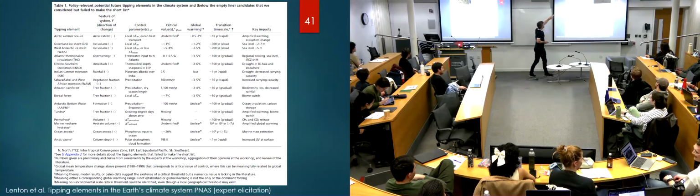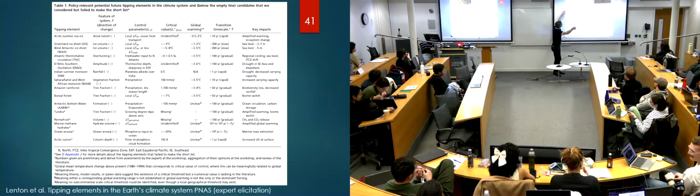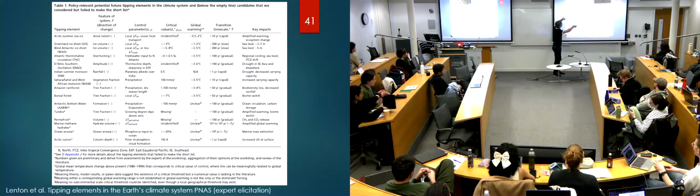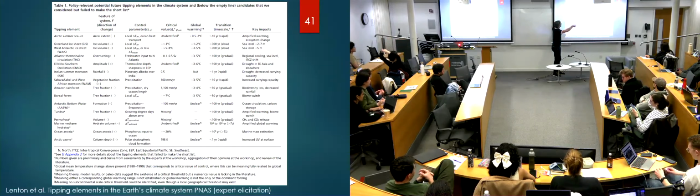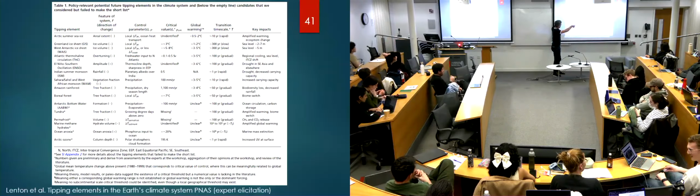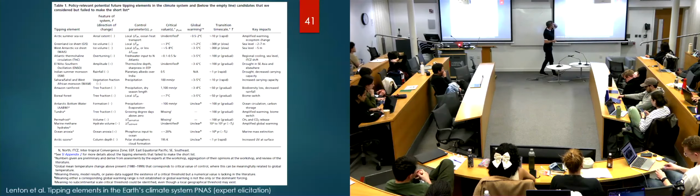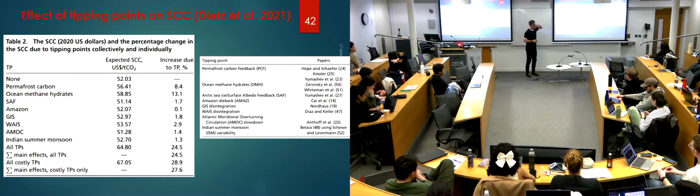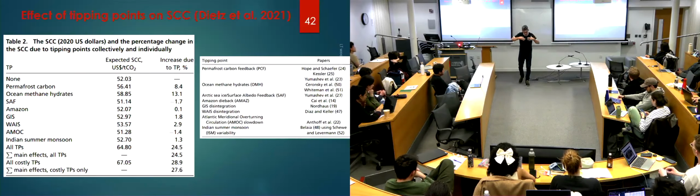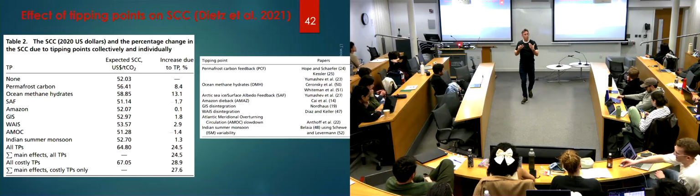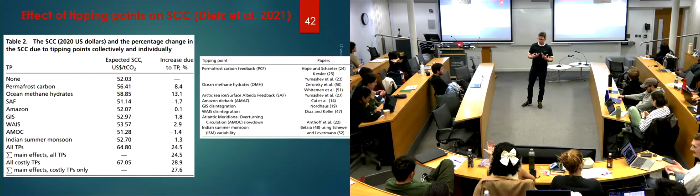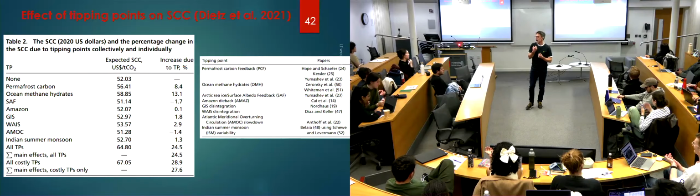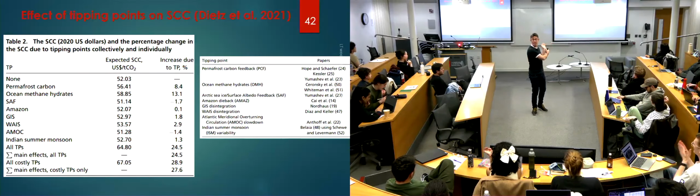And here is an overview of at what level of warming they might start. Then Simon did a study, which started as a literature review, on the effect of each tipping point and how that increases the social cost of carbon in an integrated assessment model.